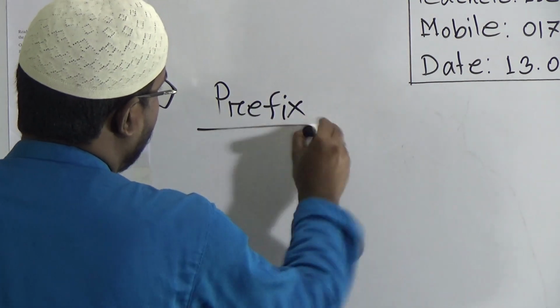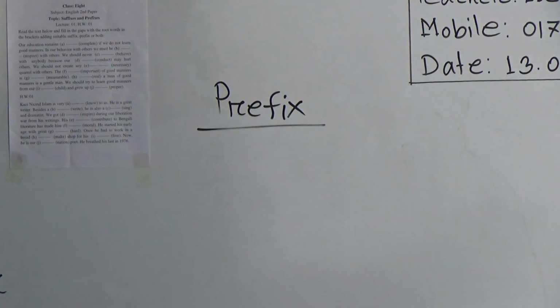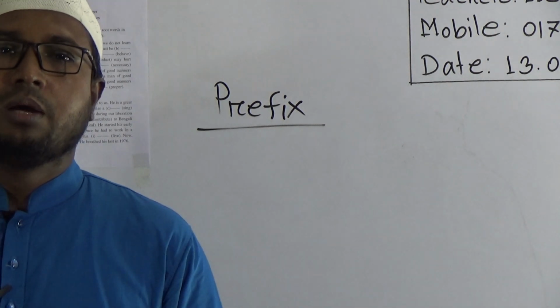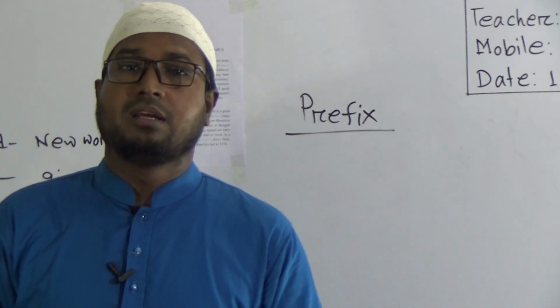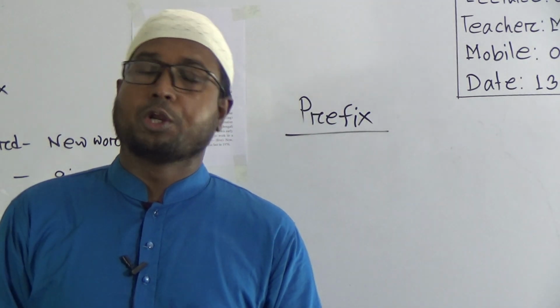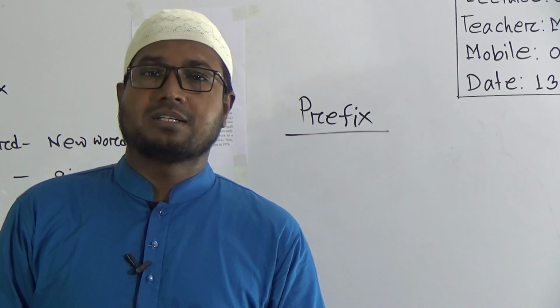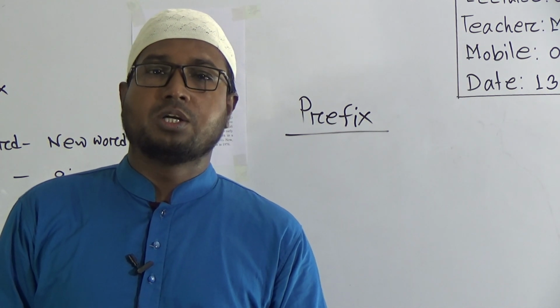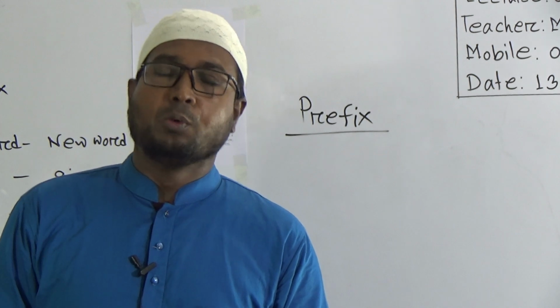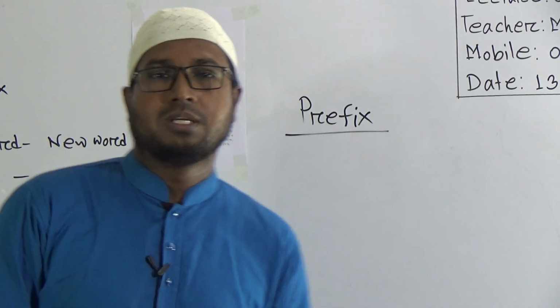What I have written here? Prefix. In this connection, let's start with the definition. Prefix represents a letter or a group of letters which are added in a word to make new word or newer words. Let's see.